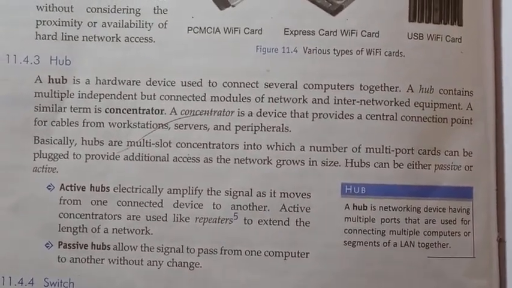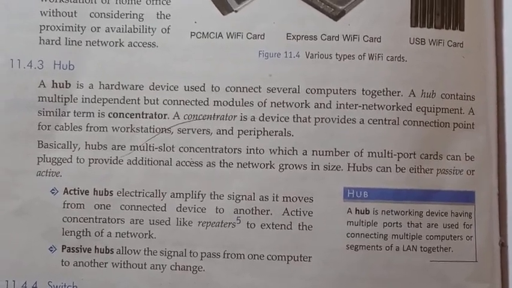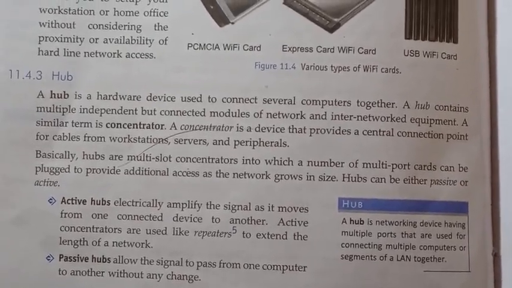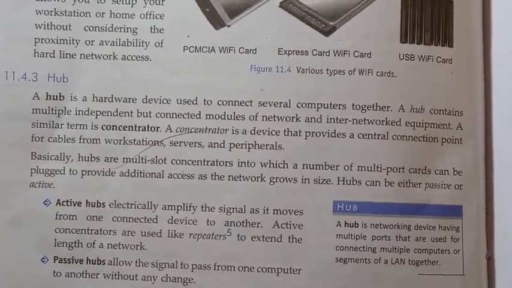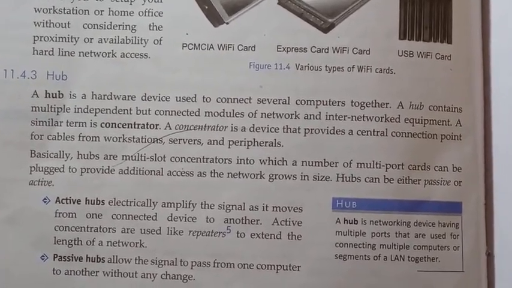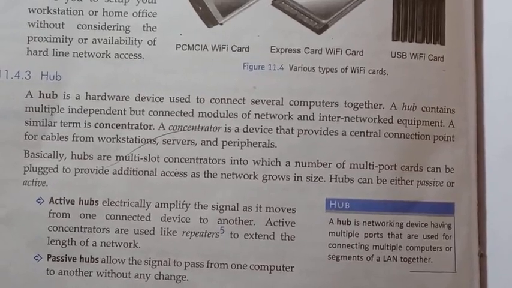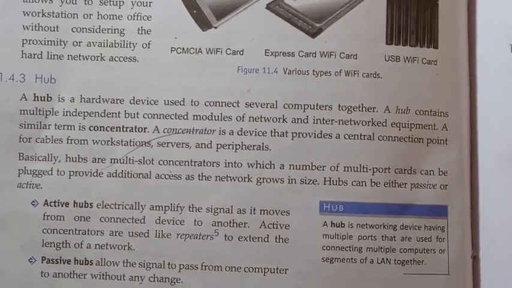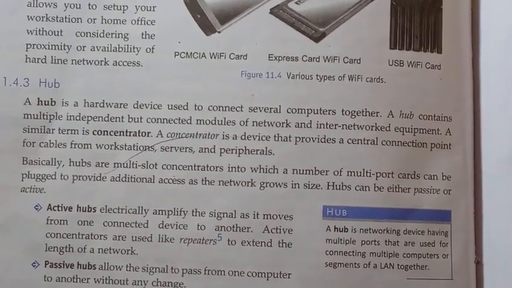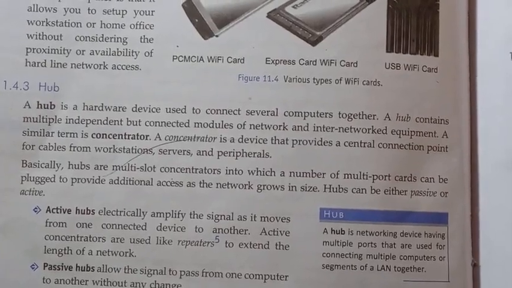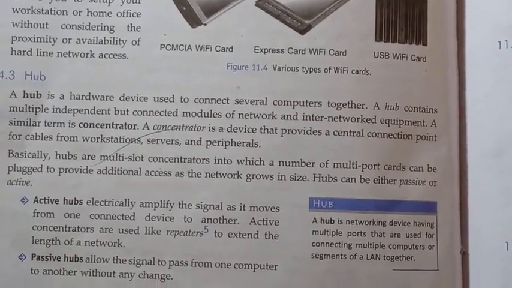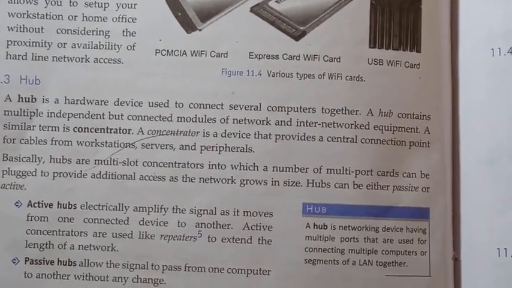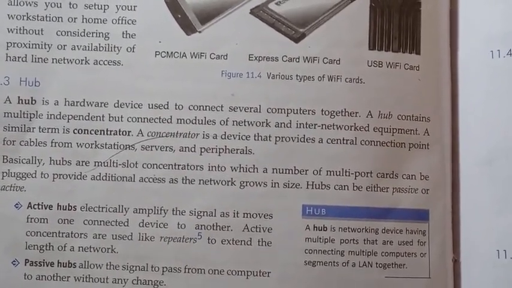Then the main problem of the hub is this. For example, take a network containing 6 computers, and all the computers are connected to the central device called the hub. When a computer wants to send a message to another computer, first it moves to the hub only, then from the hub it is sent to the other computer.